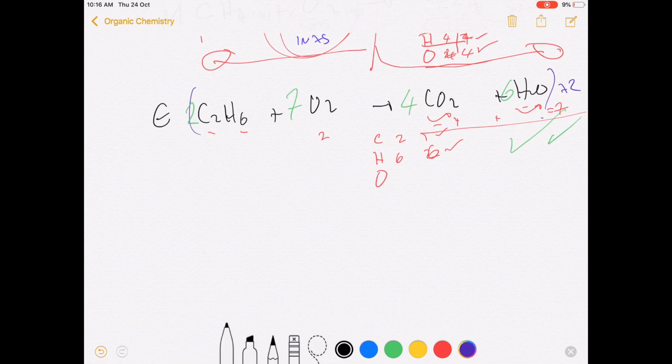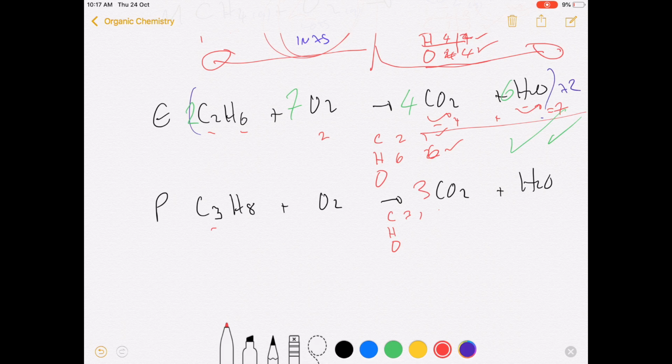The next alkane, C3, double add 2, 8 plus O2 makes CO2 plus H2O, because it's complete combustion. Let's do that same CHO. Carbon's 3, carbon's 1, so I need to times that by 3. Carbon is good.